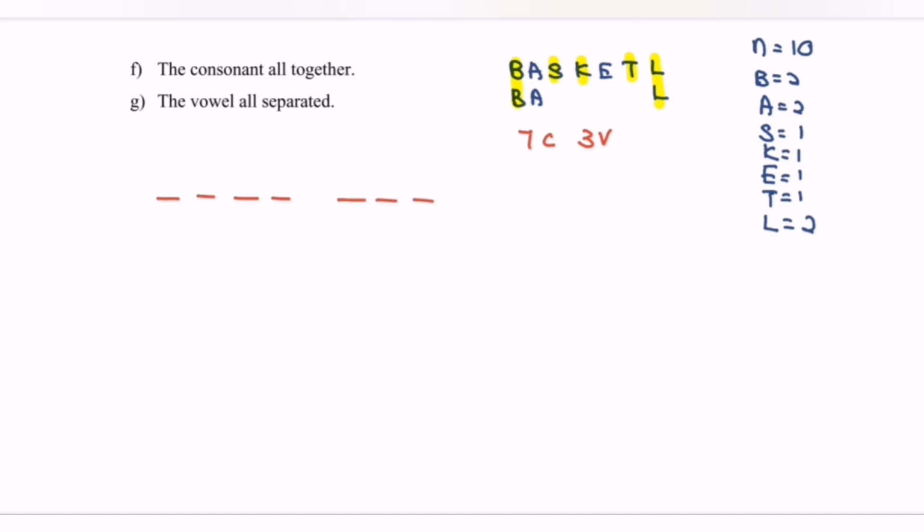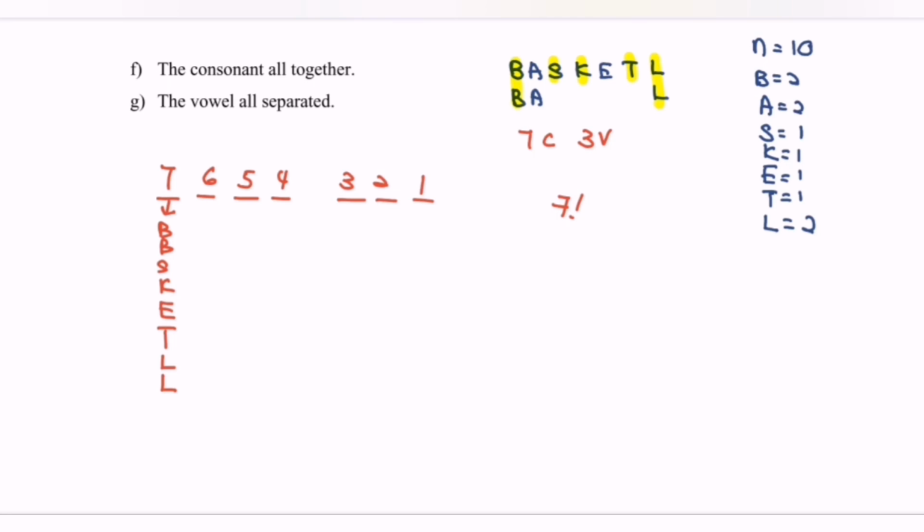So kindly focus on the consonants. How many possible situations can we have for the first letter? So repeat the same thing. We will have 7 possible, followed by 6, 5, 4, 3, 2, and 1. That will be the situation, where we have 7 factorial.